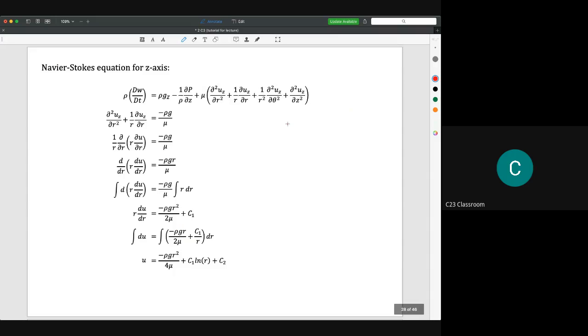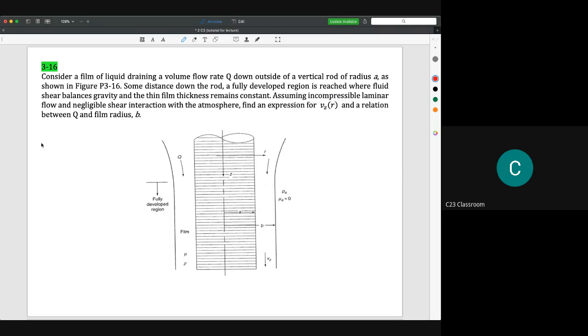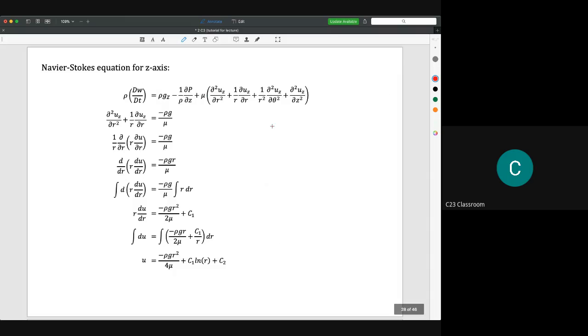So again, we start with the Navier-Stokes equation, but now we need to choose the axis, because the application clearly shows that we need to include the element of gravity, because gravity is now pulling down the water. So this is the Navier-Stokes equation, and we could simplify everything.